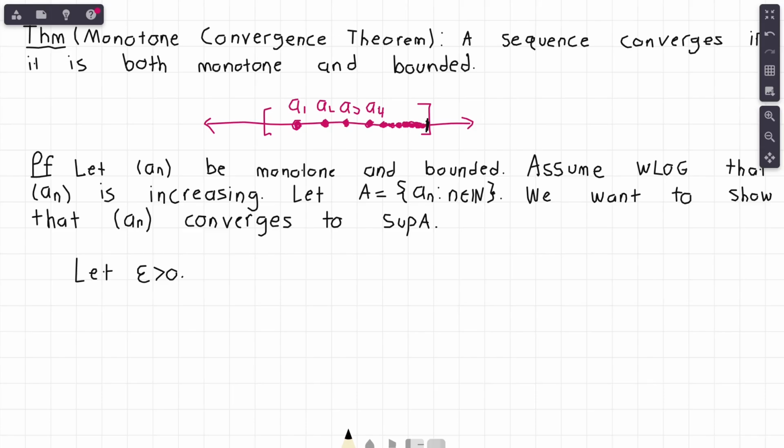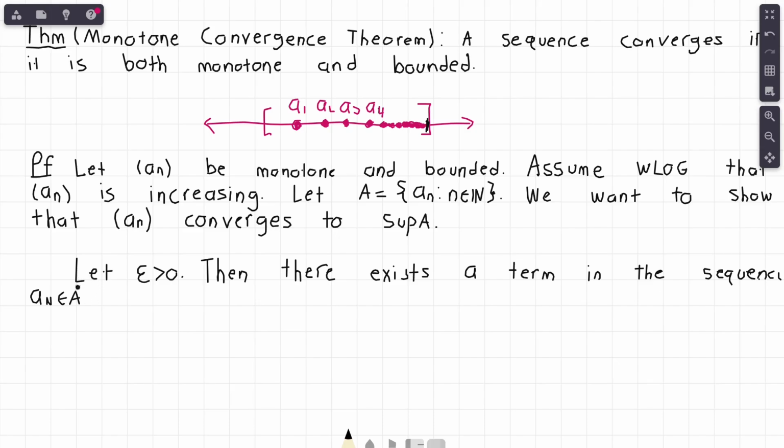All right, by one of our lemmas or theorems in the previous chapter, we can say then there exists a term in the sequence, a sub capital N. A is the set of all terms in the sequence, so its elements are terms in the sequence.